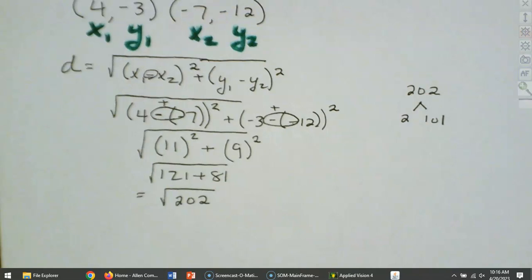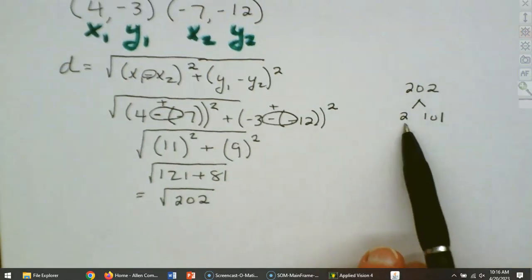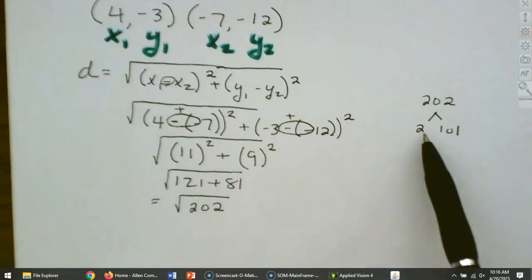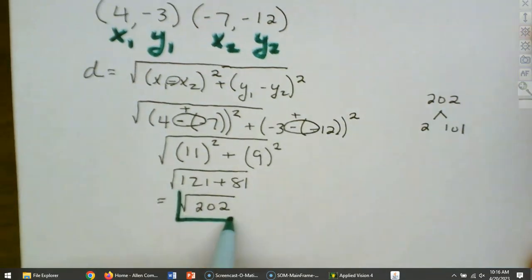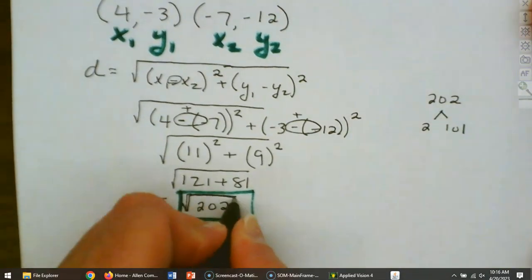So it can't go down any further. 2 has nothing to link with it because 101 won't divide by 3. It won't divide by 7. It won't divide by 9. None of that. So it will not break down. This 2 has nothing to link with it, so we cannot break it down. So your answer would then just simply be square root of 202. This 202 will not break down.